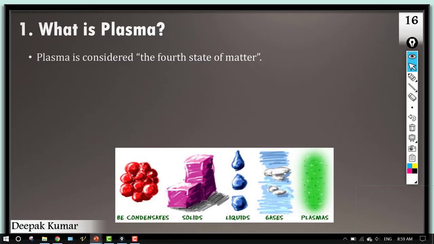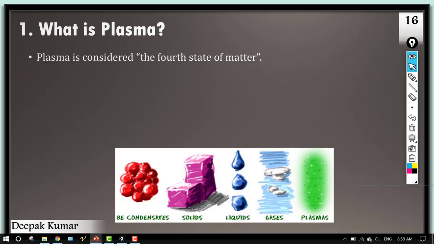Another state which has been discovered is known as BE condensate, meaning Bose-Einstein condensate. I will not talk about all the details. I will talk about plasma.